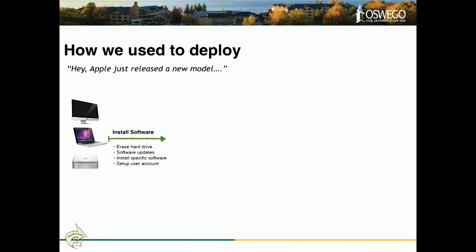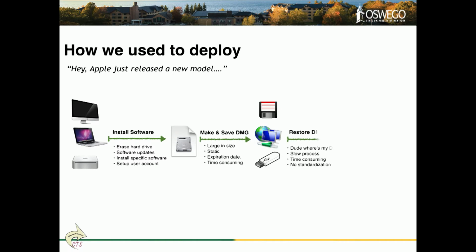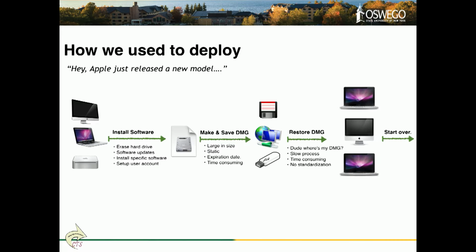We'd put it on to those Macs that we were getting. So this is just a diagram of the way we went through it. So we'd restore the image back to the new computers we were getting, and then Apple would release a new model, and we'd have to go get a new update from the App Store with the new drivers, and then we'd have to do the same thing over and over again, and the entire cycle would just keep repeating.